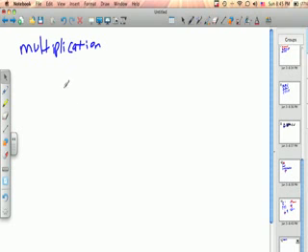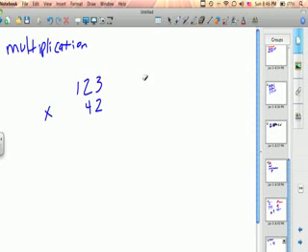See, if I multiplied, like, I don't know, let's keep the number kind of small, like 123 times, I don't know, 42. Or let's make it even smaller than 42. Let's just make it like 21.